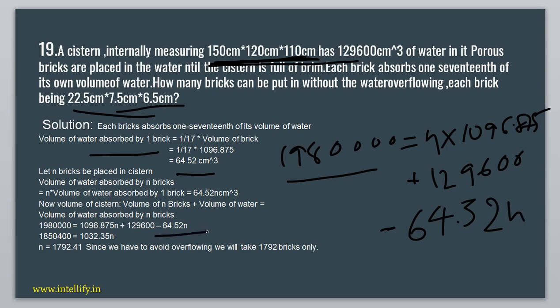From this equation we have to calculate n, which, after calculating, we are left with 1792.41. Since we have to avoid overflowing, we will take 1792 bricks only. Let's jump on to the next question.